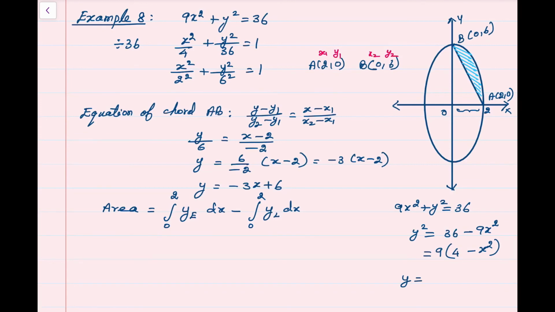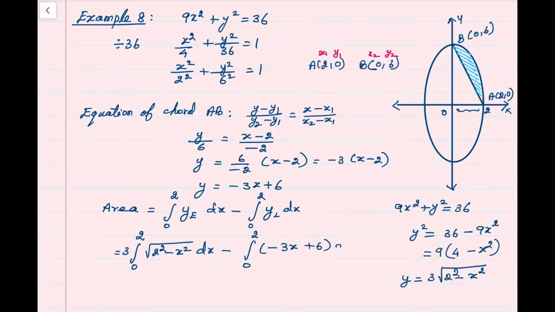Y is 3 times root of 2 square minus x square. Therefore, we get integral 0 to 2 of 3 times root of 2 square minus x square dx minus integral 0 to 2 of, from the line equation, y is minus 3x plus 6 times dx.